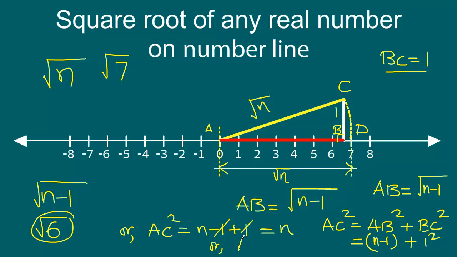Taking the square root of both sides, AC equals square root n. So if AC is square root n, then using the arc, we get the length AC onto the number line, and if it cuts at point D, AD equals square root of n.